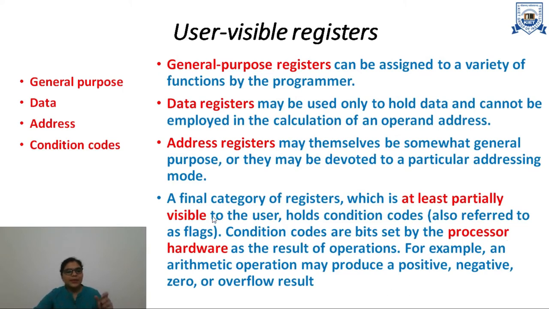These are bit registers, or we can say status flags. A flag is a 1-bit register. It can hold either 0 or 1. So condition codes are basically status flags, which tell about the status of the result. The status can be, suppose a result is positive or negative or zero or an overflow result.